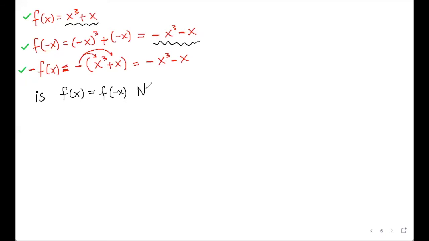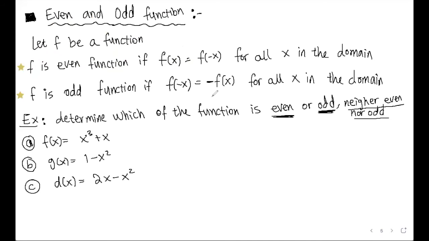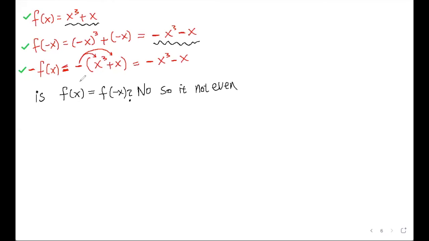So the answer is no, it is not even, because the function will be even if f of x equals f of minus x. So f of x is not equal to f of minus x, so it's not an even function.